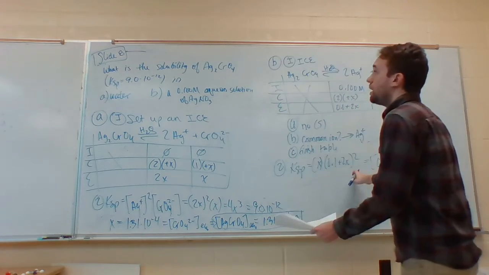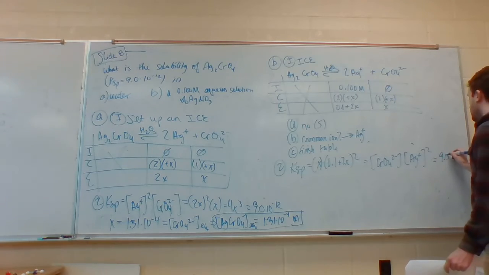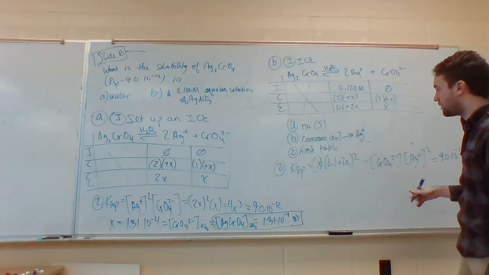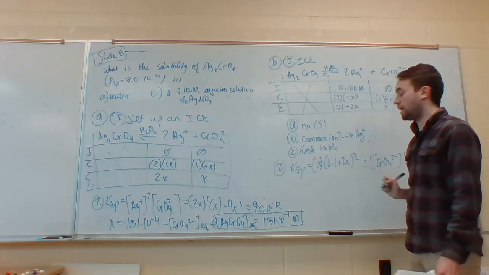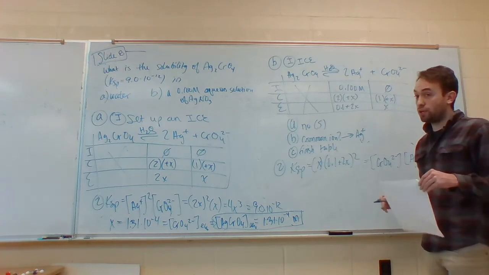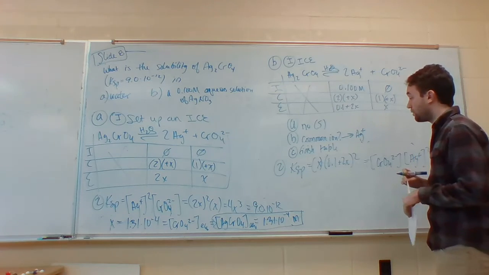Now I know what my KSP is. That's equal to 9.0 times 10 to the negative 12. But if I go through all of this and multiply everything out, it's going to give me an x to the third. Now, last time I checked, y'all didn't know really convenient ways of getting that x out of an x to the third.